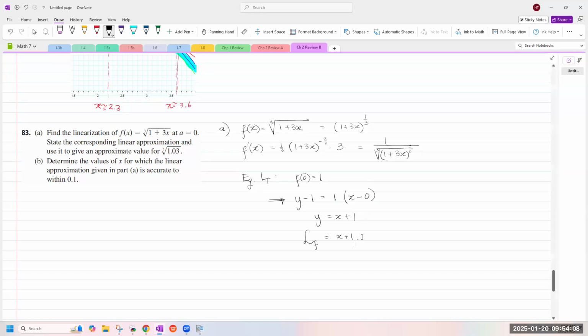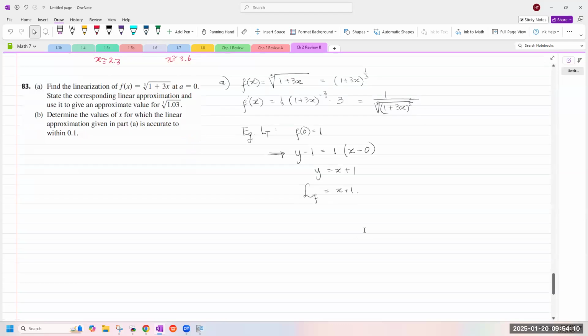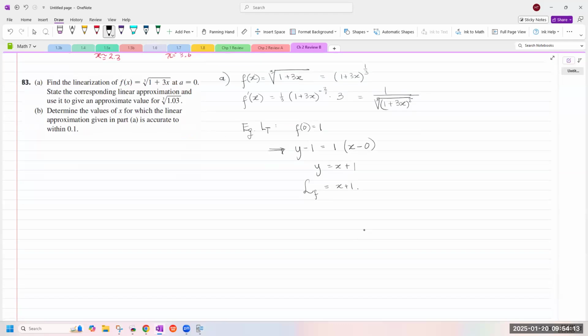Okay, next, use that to approximate 1.03. So the linear approximation at 1.03 will be 1.03 plus 1, which is 2.03. Okay, let's ask ourselves what is the actual value. The value at 1.03 for that function, that's the cube root of 1 plus 3 times 1.03.